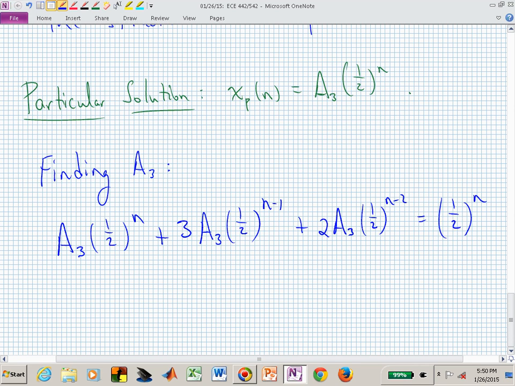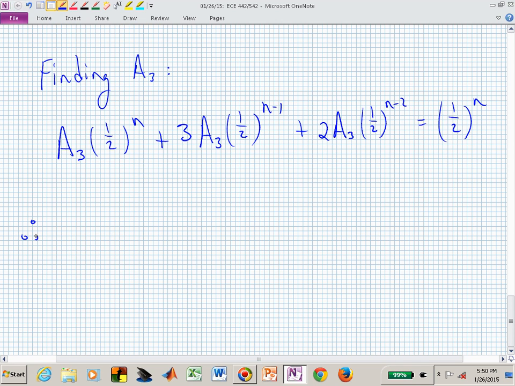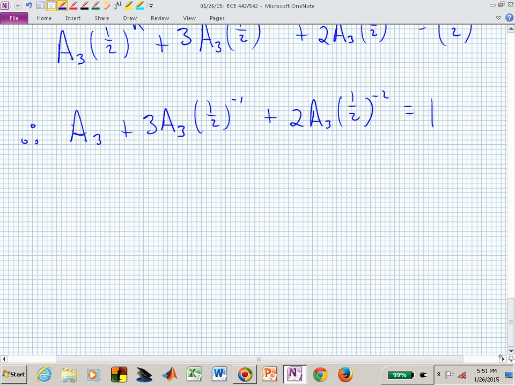We can cancel that out, and we're left then with the following relationship that a sub 3 needs to satisfy. A sub 3 plus 3 a sub 3, 1/2 to the minus 1, plus 2 a sub 3, 1/2 to the minus 2, is equal to 1. Now we just have a sub 3 weighted by three different terms, which we can add up, and that's equal to 1. 1/2 to the minus 1 is just 2.